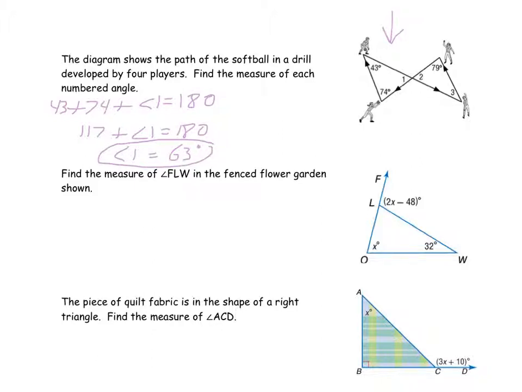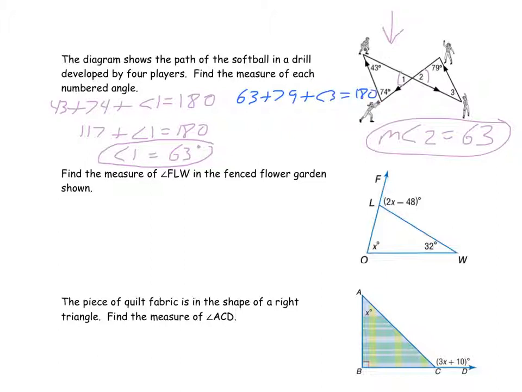Well, if angle 1 is 63 degrees, what's the measure of angle 2? It's also 63 degrees because they are vertical angles and vertical angles are congruent. Which now says that if angle 2 is 63, then 63 plus 79 plus the measure of angle 3 is going to be equal to 180.